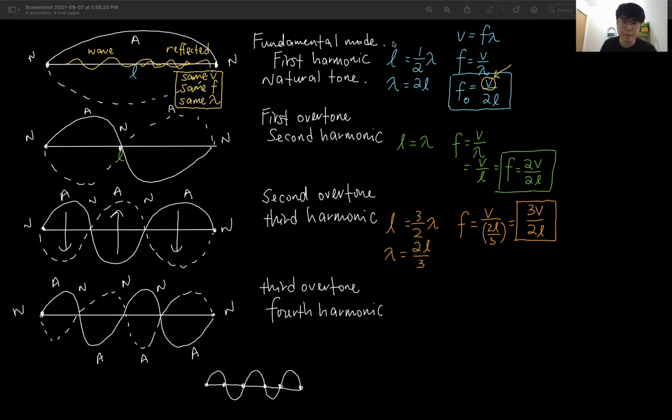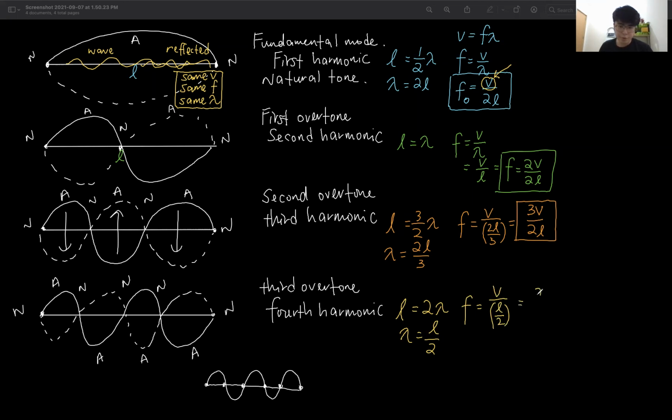Now wavelength, again, we find it by looking at how many waves in the length. 1 wave, 2 waves, so 2 lambda. Lambda equals to L over 2. Frequency equals to V over lambda over 2.